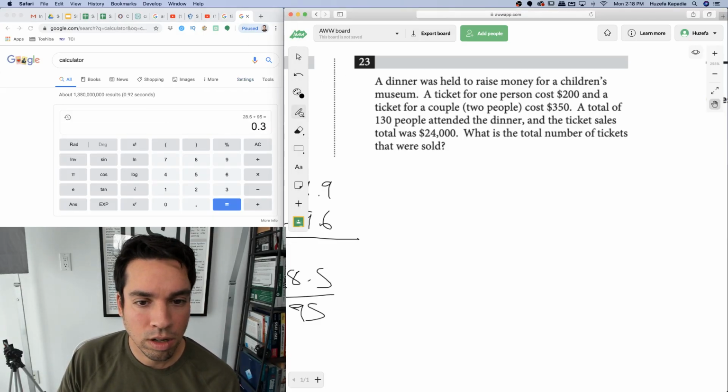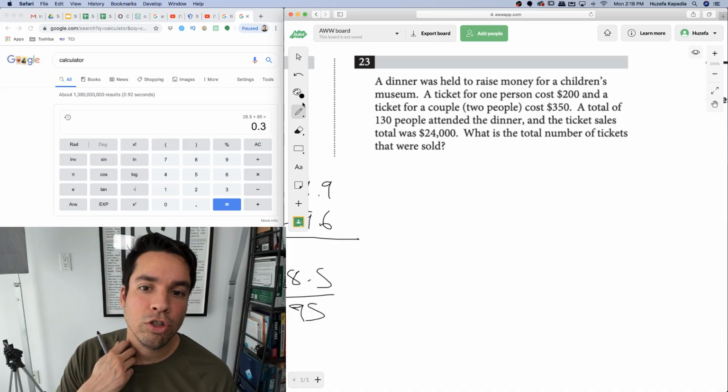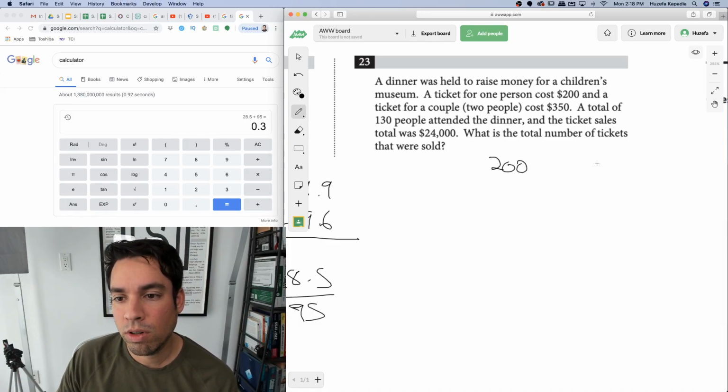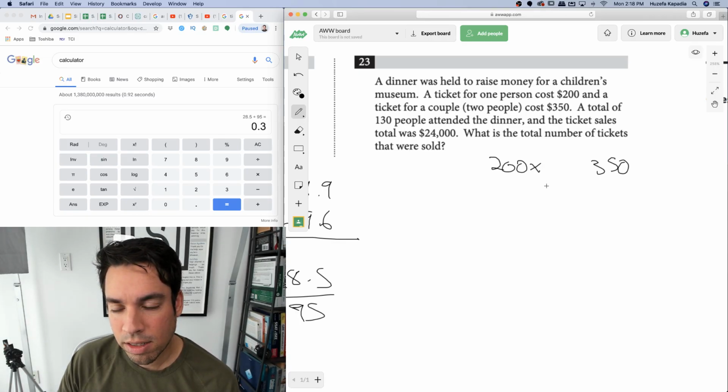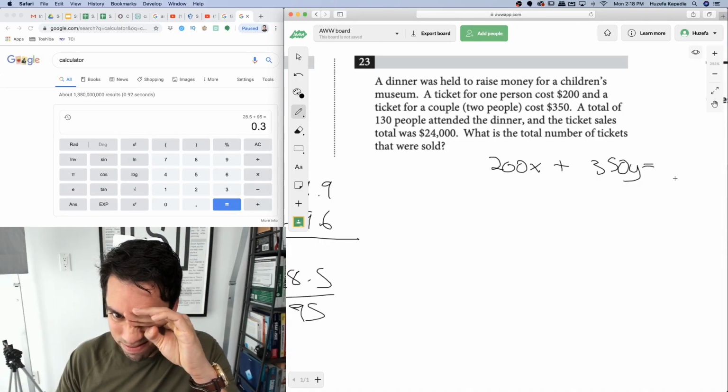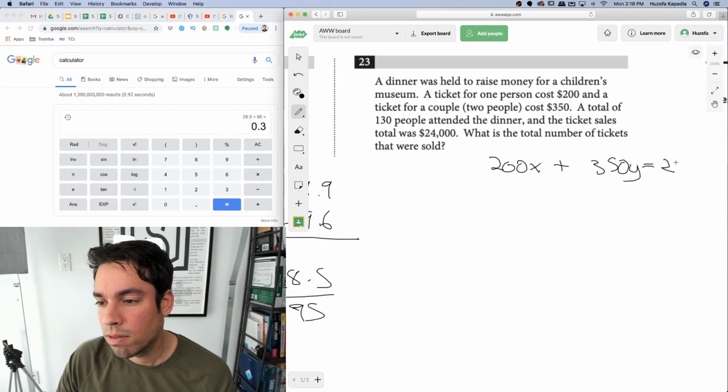Only 3 questions left. A dinner was held to raise money for a children's museum. A ticket for one person costs $200, and a ticket for a couple costs $350. A total of 130 people attended the dinner, and the ticket sales were a total of $24,000. So we've got 200 times x, that's the one-person tickets, plus 350 times y, that's the couple tickets, and that equals 24,000.